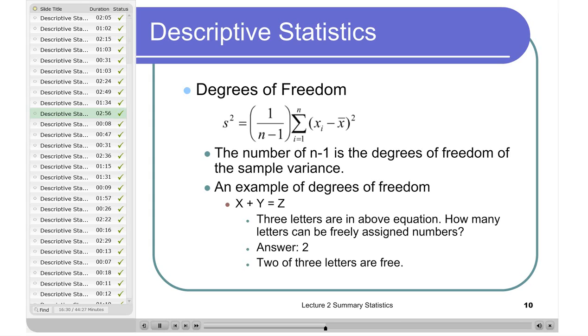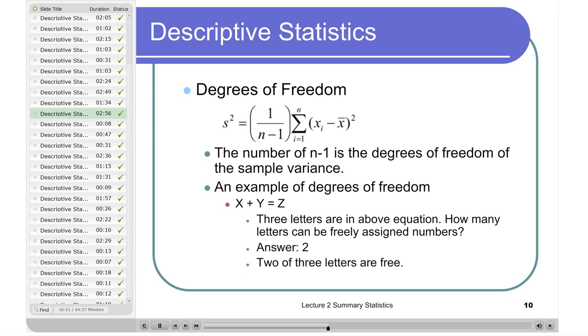Let's say you plug in 4 for x and you plug in 10 for z. Well, then y would have to be 6 in order to make the equation true. So you can only freely assign values to 2 of the variables in this equation. In other words, the equation x plus y equals z has 2 degrees of freedom.